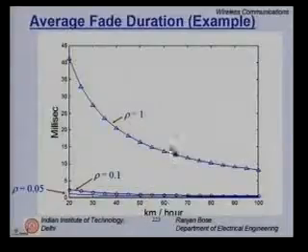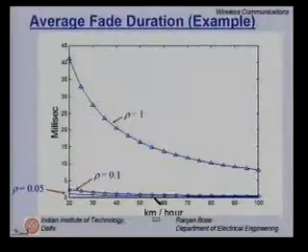Also, another thing, beyond a certain speed, the decrease in the average fade duration is not significant. Also, if you note, for low values of rho, the function of the vehicular speed does not show up prominently.